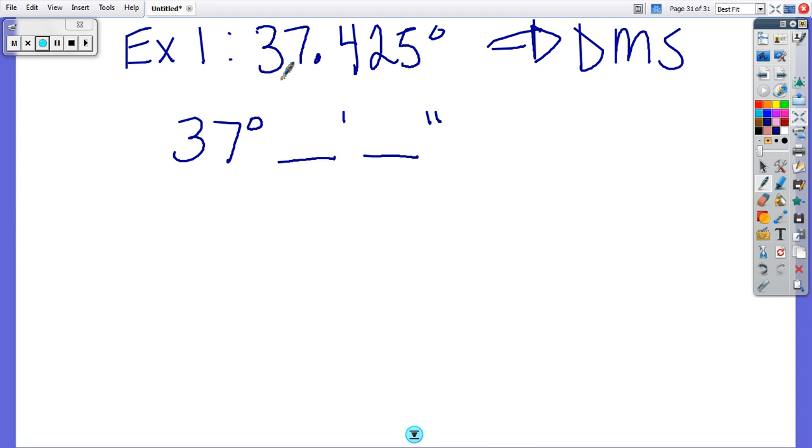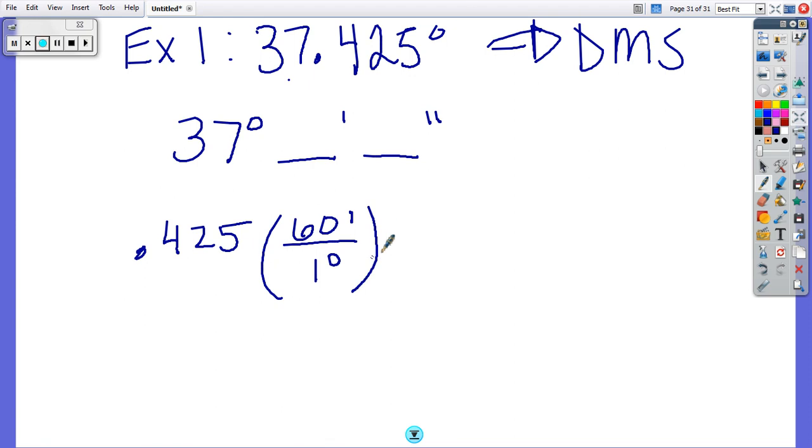We already know that the 37 is whole, so I'm going to take the decimal part of my degrees and change that. I'm going to change 0.425 to minutes. And I know that there are 60 minutes in 1 degree. So when I multiply that out, I get 25.5 minutes. Well, I still have this 0.5 here, and I'm not allowed to have a decimal, so I need to change that to seconds.